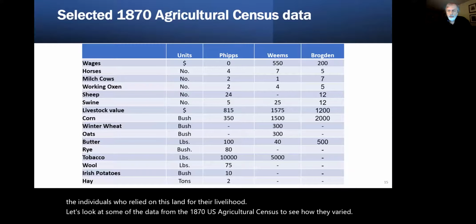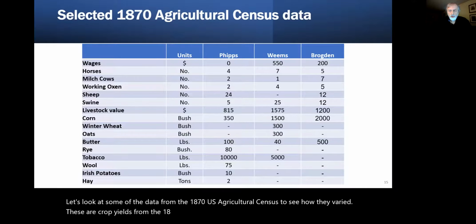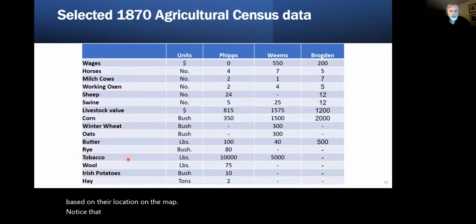These are crop yields from the 1870 census for each landholder, arranged from west to east based on their location on the map. Notice that Phipps' main crop was tobacco. Tobacco likes well-drained soils with relatively level land.